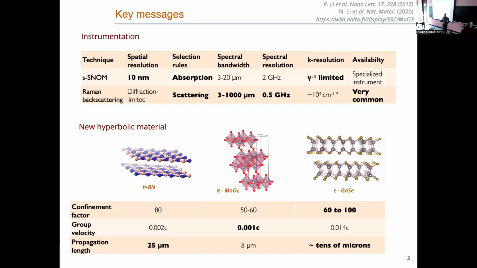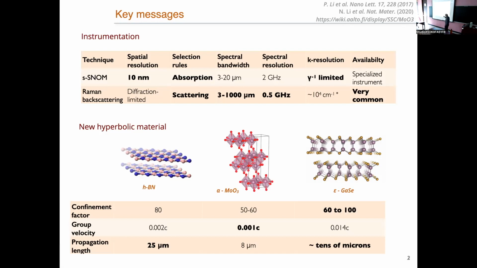It's a tremendous technique that images the propagation of phonon polaritons. However, this is not the most accessible technique. It combines an AFM and a whole spectroscopy system together, and as such, only a few dozen research groups around the world are mastering this kind of experiment.